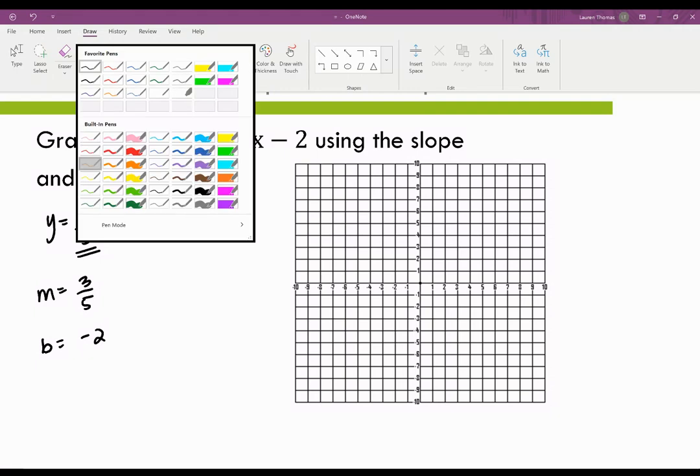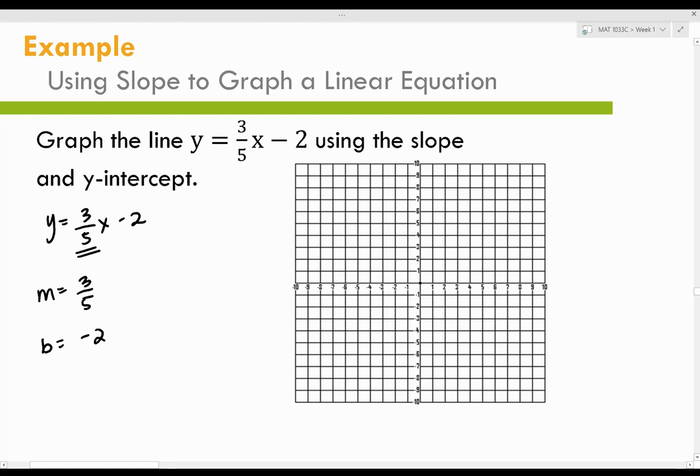Okay, so if I'm going to graph this, the first thing that I'm going to do is plot my y-intercept. Since my y-intercept is negative, that means I move down on the y-axis to negative 2. And now I'm going to use my slope. Remember, another definition of slope is rise over run. Rising means moving in a vertical direction, and running means horizontally.